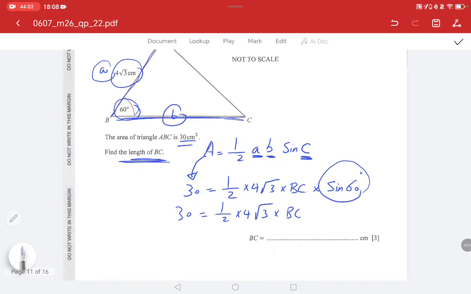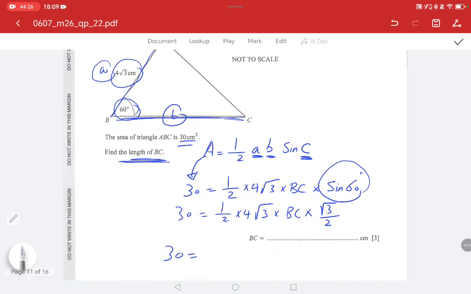Sine, cosine, and tangent. Sine 30 is 0.5. Cosine 60 is 0.5. How about sine 60? Sine 60 is square root of 3 over 2.